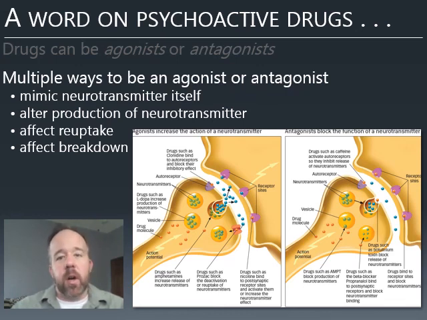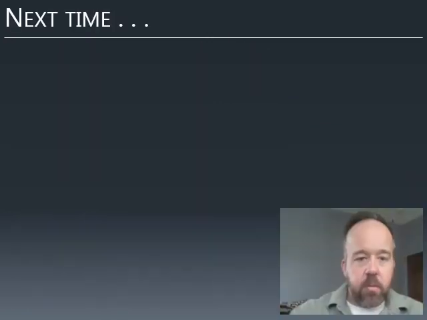You're keeping the neurotransmitter out there longer because it's not being destroyed. You're therefore helping the neurotransmitter do its job. If you cause more of this enzyme to be produced, or you help that enzyme break down neurotransmitter somehow, that'd be an antagonist because you're increasing breakdown of the neurotransmitter, in which case it can't do its job. So that's just another way that drugs can have their action.